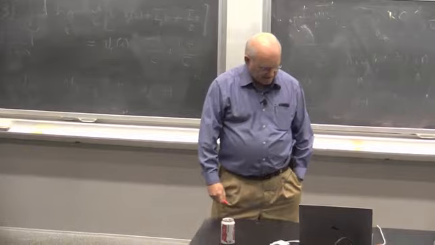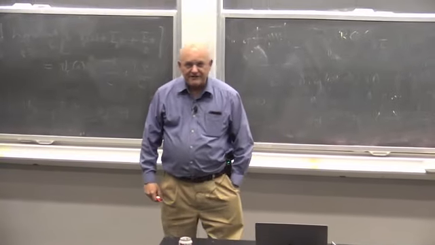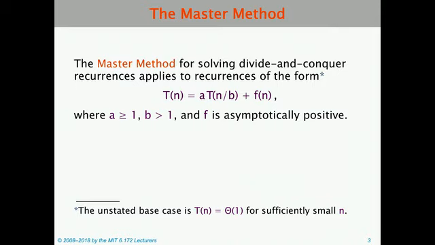These are, and there's a general method for solving them that will deal with most of the ones we want to call the master method. And it deals with recurrences of the form T of n equals A times T of n over B plus F of n. And this is generally interpreted as I have a problem of size n.